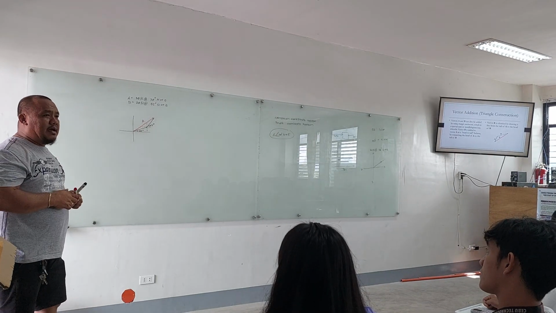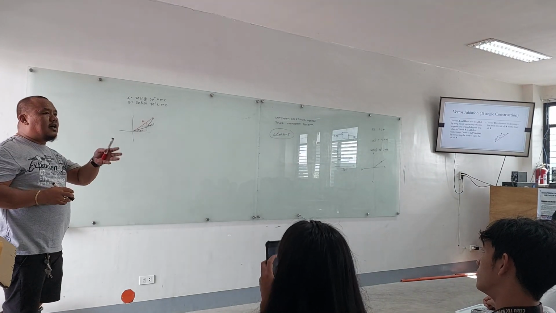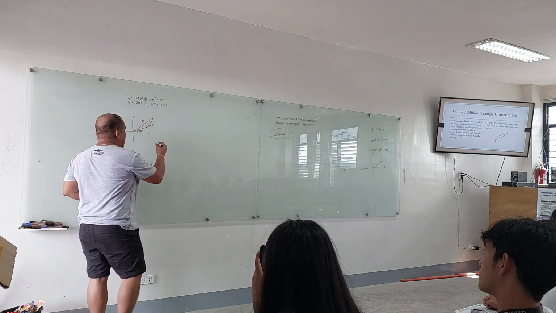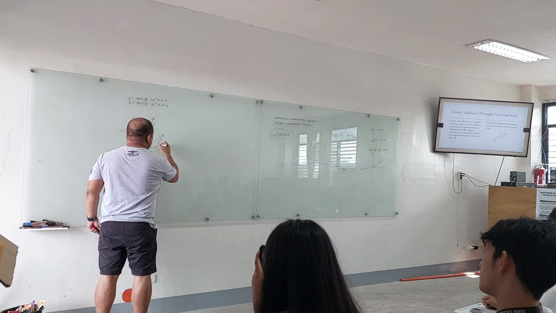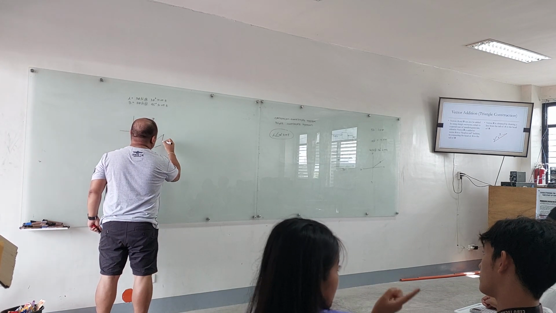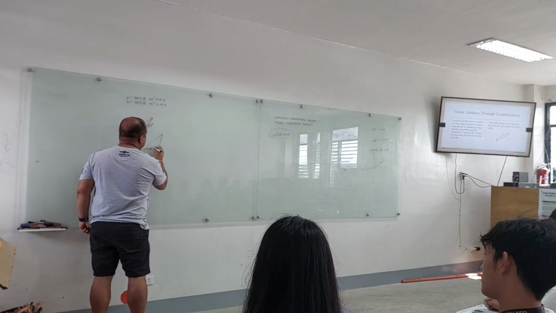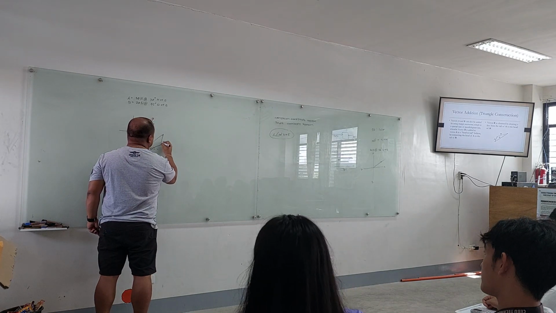The question is, how much is the resultant? Now, you need to analyze the triangle. Here is 30 degrees, and here is 45 degrees.